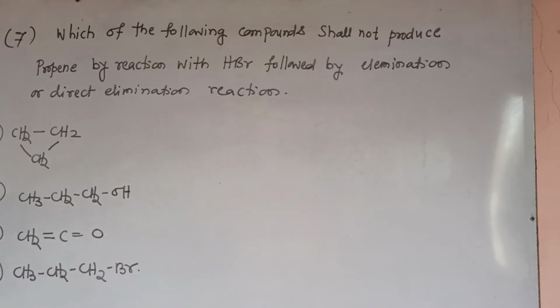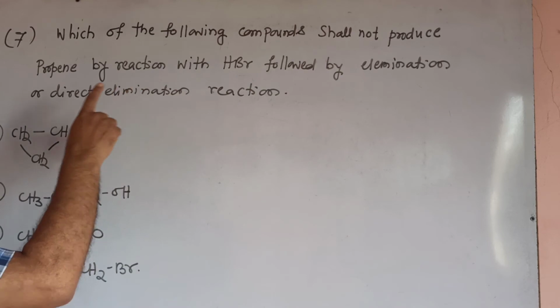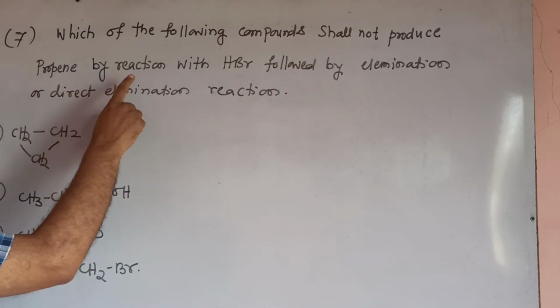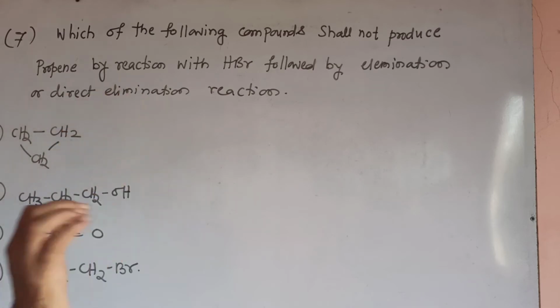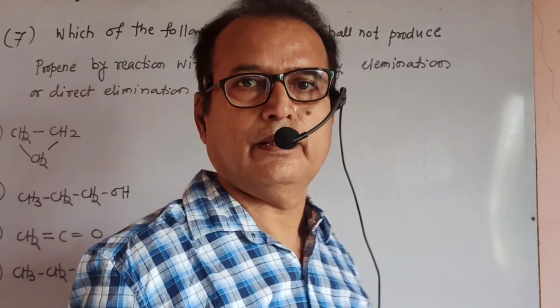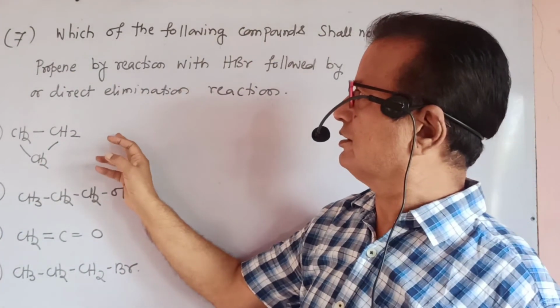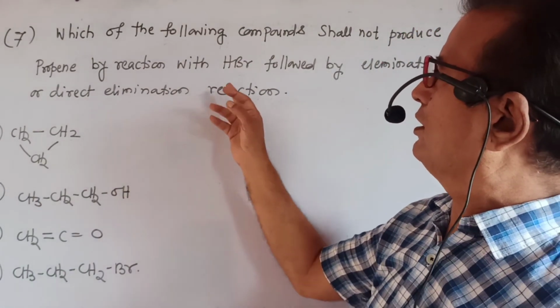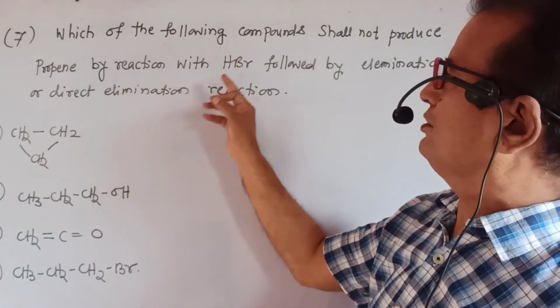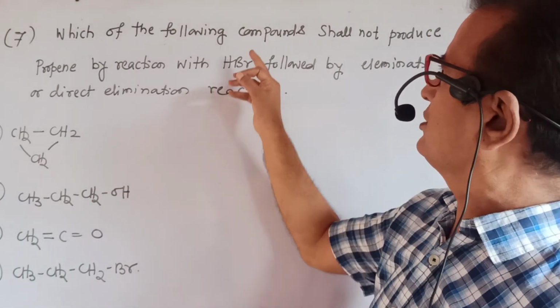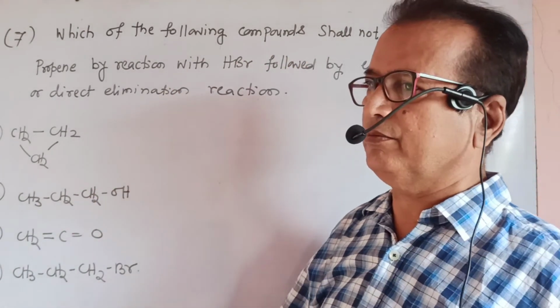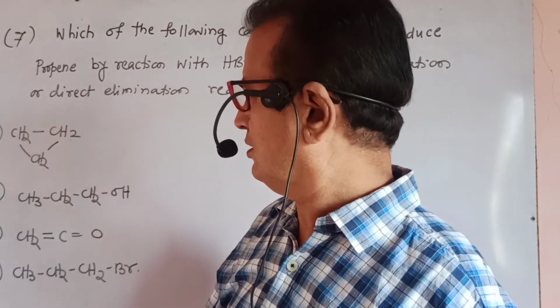Hello, the next, seventh question. Which of the following compounds shall not produce propene by reaction with HBr followed by elimination, or by direct elimination reaction? In this elimination reaction, if you react with HBr, then elimination takes place, and the double bond formation means propene formation.